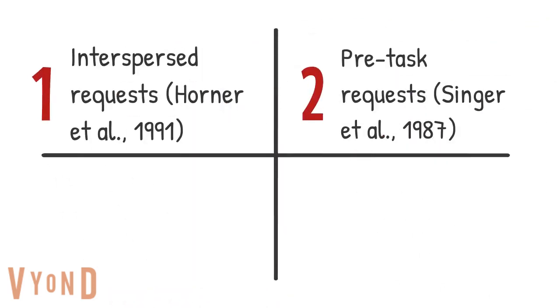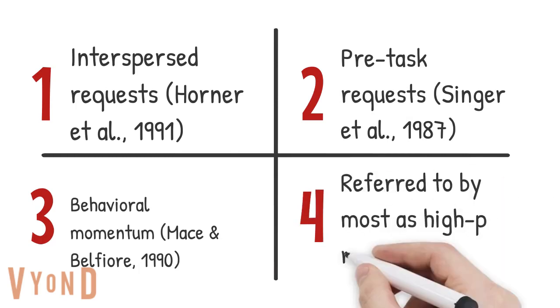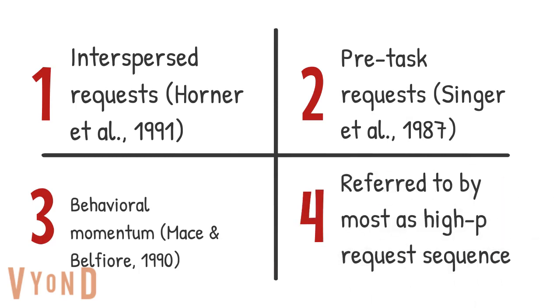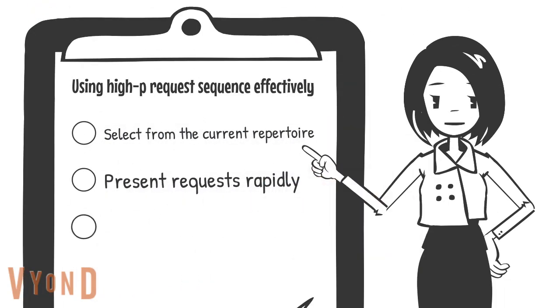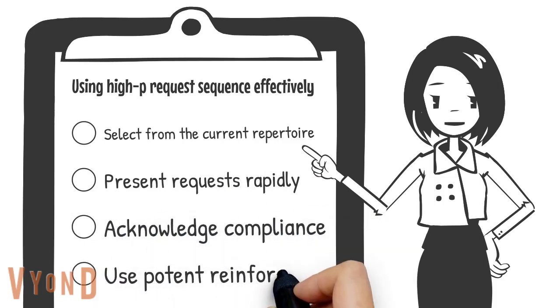There are several terms that refer to this intervention, so some that you might hear are interspersed requests, pre-task requests. Behavioral momentum is a popular one, but it's most referred to as the high P request sequence. And how to use high P request sequence effectively is first selecting from the current repertoire.